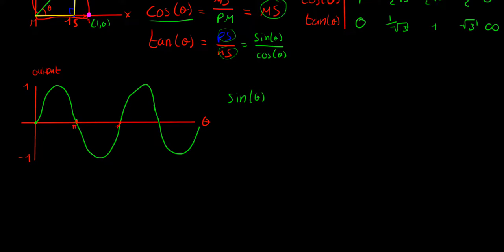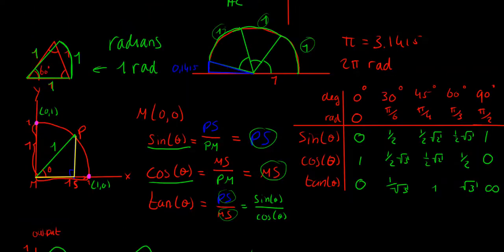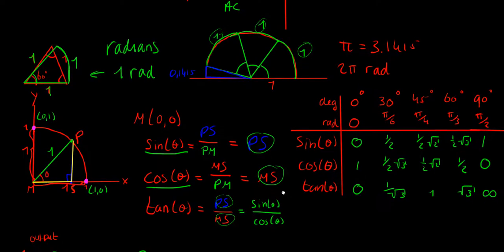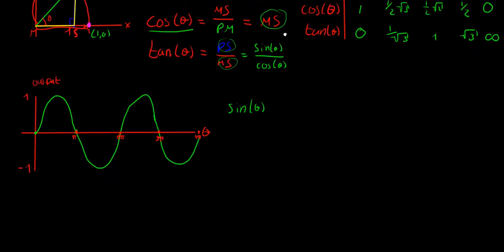And this point is at 2 pi. And this point here is at 3 pi. And this point here, just outside of the axis, is 4 pi. Because if we look at this half circle, we knew that half a circle was pi. So that means if we go pi further every time, what is the y value?